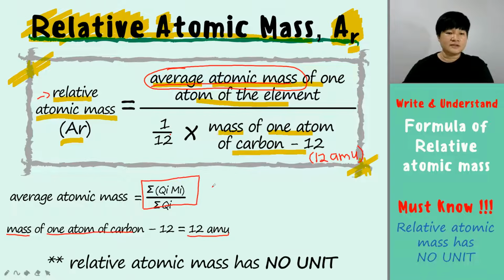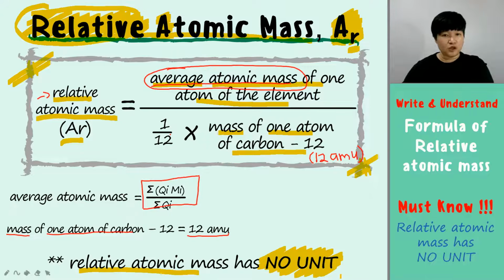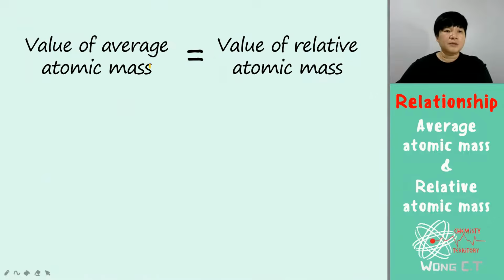Last but not least, the relative atomic mass has no unit. Whenever you have the word relative, that means there will be no unit. Therefore, the final answer should have no unit. A bit of tips over here. The value that you calculate for the average atomic mass is actually the same as the value for the relative atomic mass.